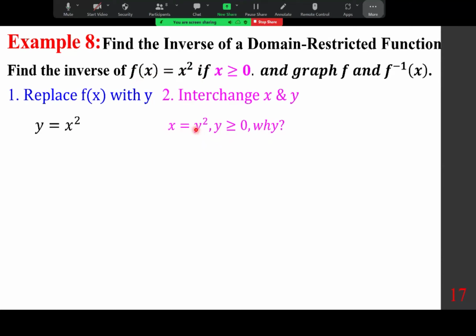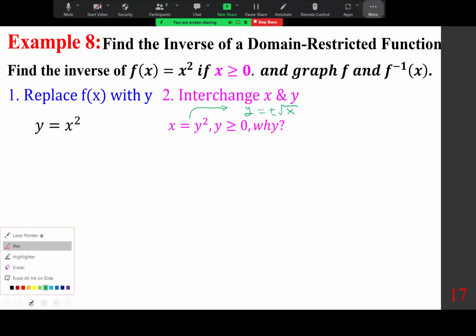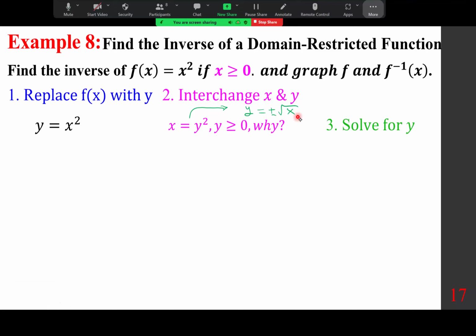So to solve for y, I hope you recognize y is plus minus square root of x. There are two answers. However, y must be positive, and you go with this square root of x. That's what you want to be careful when you want to solve for y. Okay, y is square root of x.